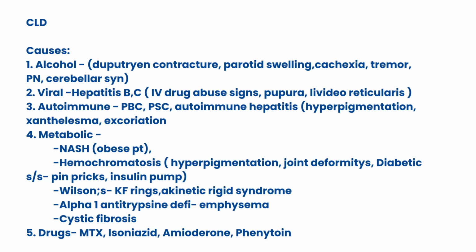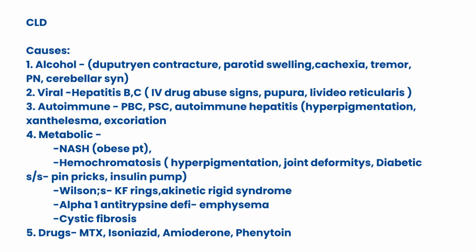So all these signs will point towards IV drug abuse. Also, in the autoimmune causes, we can mention primary biliary cirrhosis, sclerosing cholangitis, autoimmune hepatitis. It can be suggested by scratch marks, xanthelasmas, hyperpigmentation, etc.